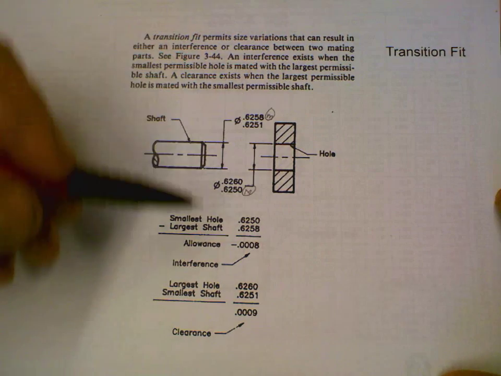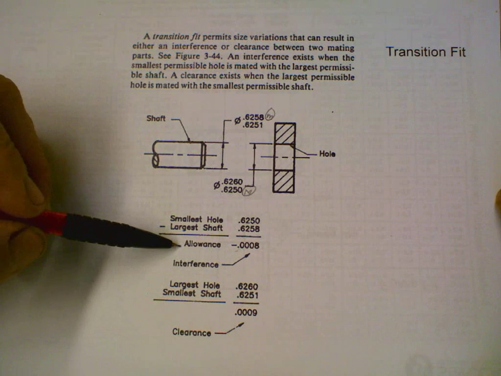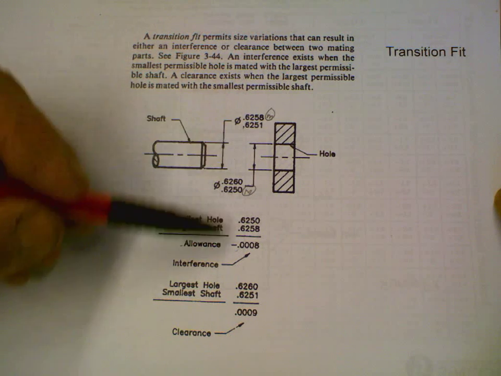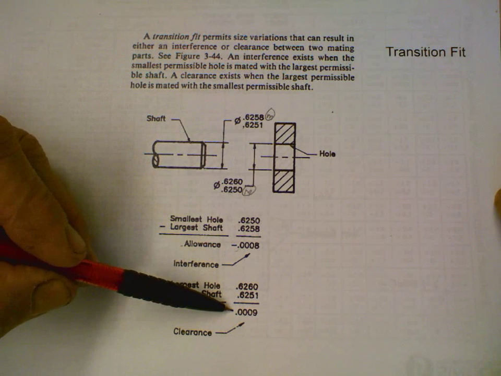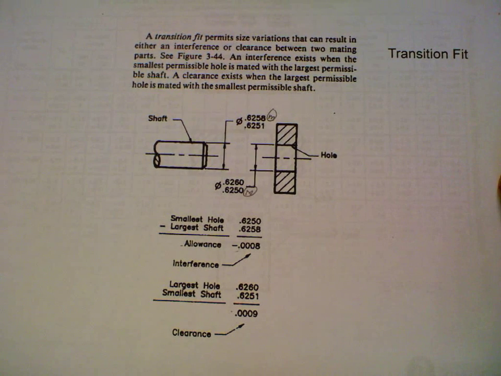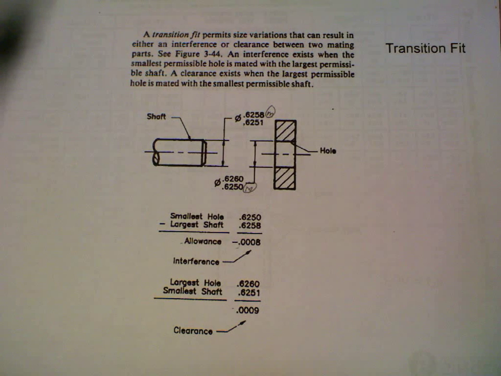It looks like it's 8/10 press fit. That's why it's a negative allowance. And then you look at the LMC condition. You're looking at 9/10 clearance. So that's a transition fit. Could be either way. So those are the charts and how to use them, and hopefully you understand the difference between clearance fit, press fit or force fit, and transition fit.